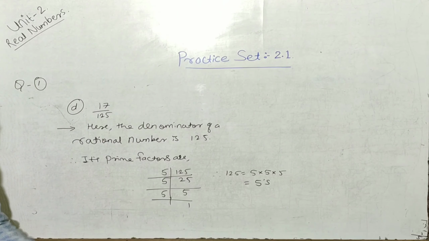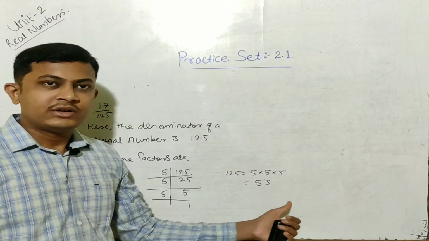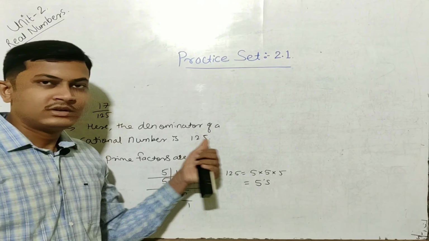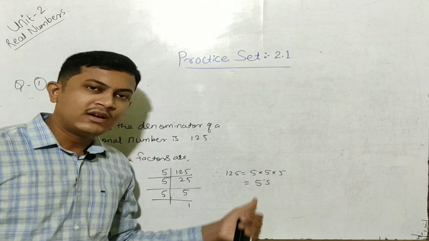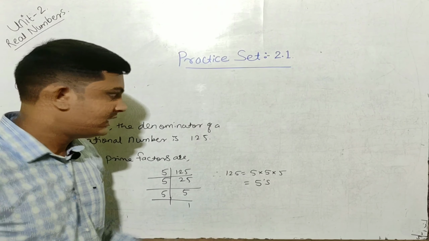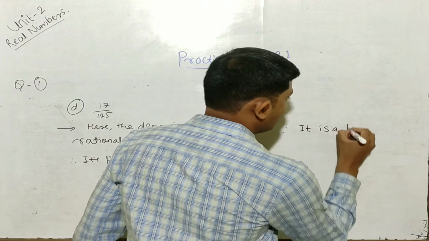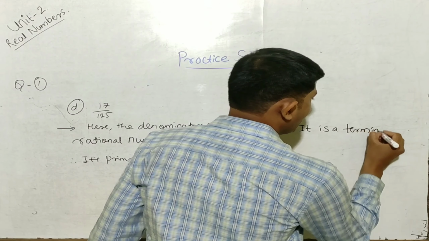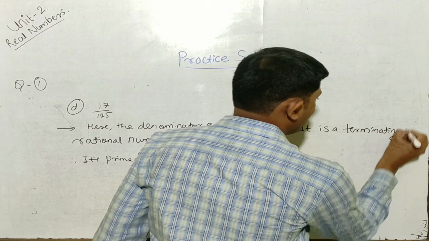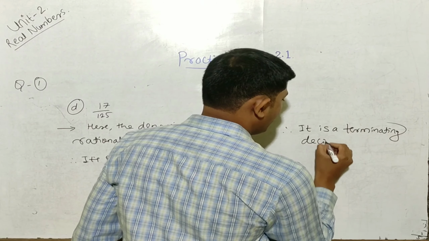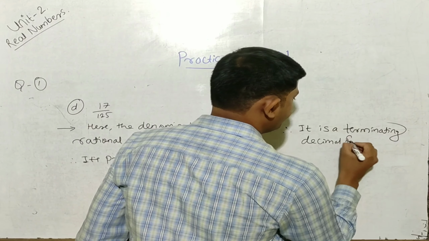And as per the rule, what is the condition? For the terminating one, the prime factorization of the denominator should be in terms of 2's and 5's. So it satisfies the condition. Therefore it is a terminating decimal form.